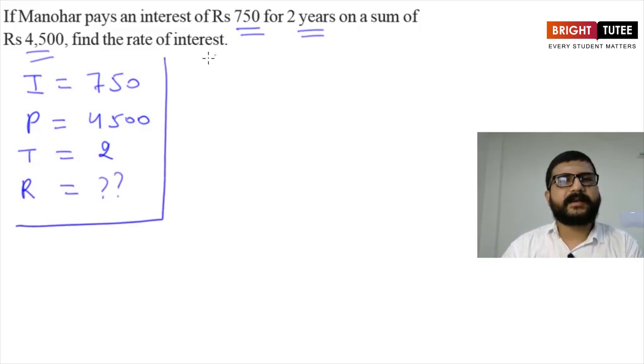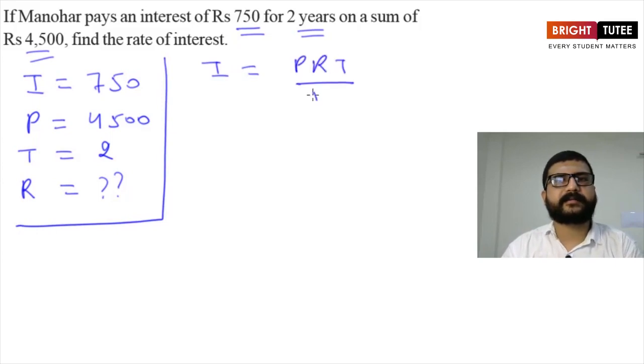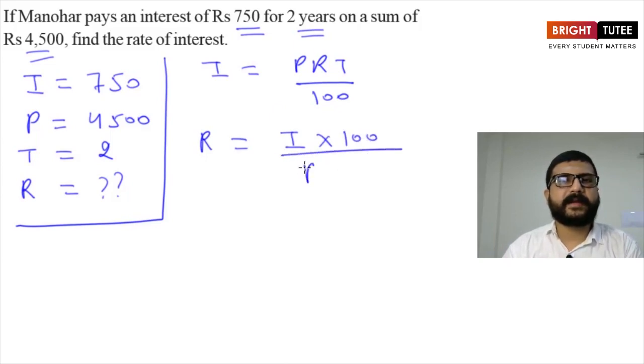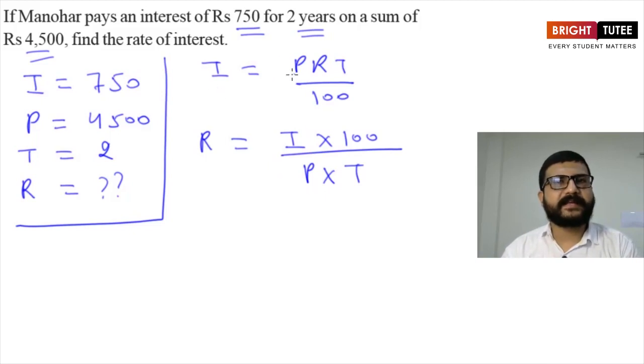Now as we know, interest is equal to PRT upon 100. So from here we can find rate. Rate will be equal to interest into 100 divided by P into T. So what we did, we transposed P and T to the other side.